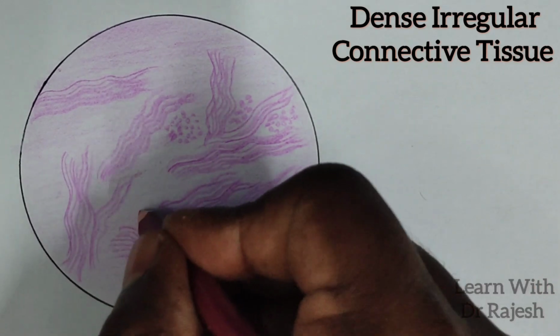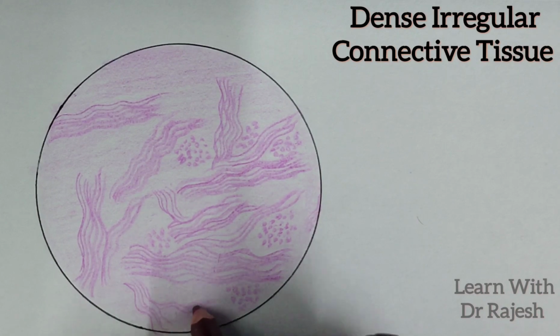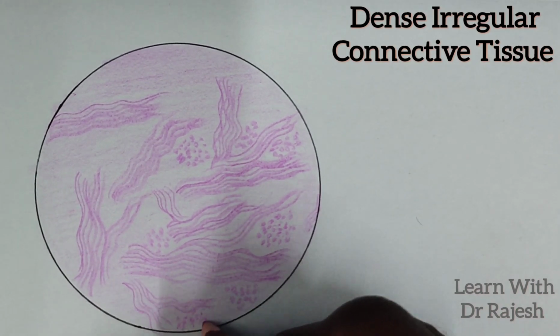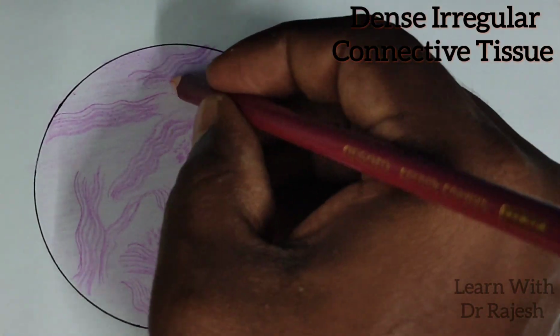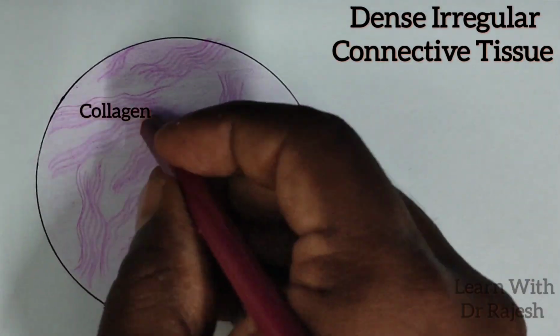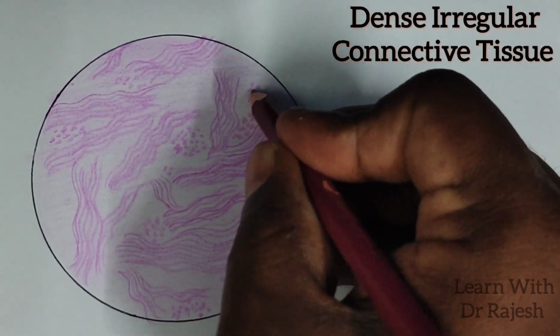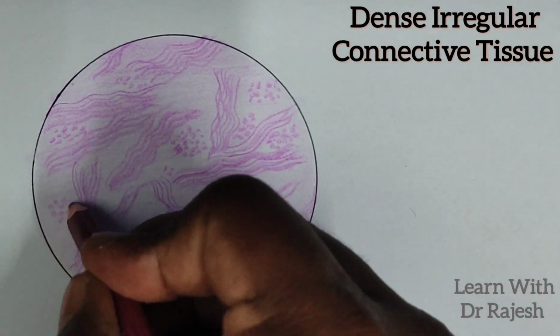We have to fill the entire field without leaving many gaps with these multiple, differently directionally arranged collagen fibers. Since the fibers are arranged in different directions, it can withstand the forces acting from different directions.